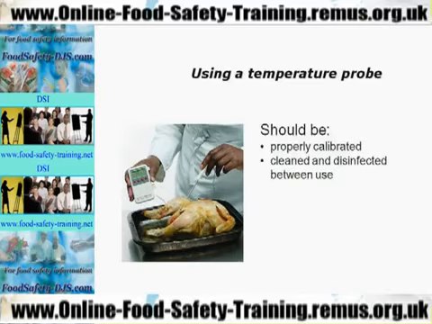Insert the probe into the boiled water, and it should register 100 degrees Celsius plus or minus 1 degree. Insert the probe into the water with the ice, and it should register 0 degrees Celsius plus or minus 1 degree C. If it's out by more than 1 degree C, then the probe is faulty.